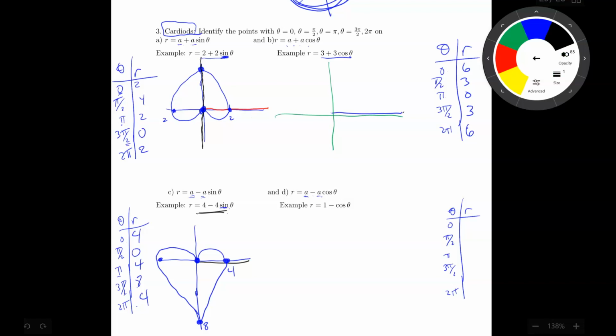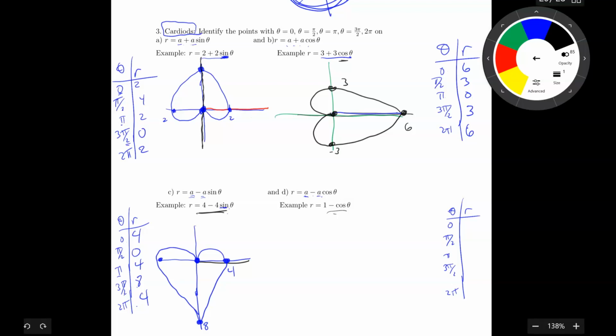So angle 0, I go to 6, at pi over 2 here's 3, and here I'm at 0 at pi. At 3 pi over 2, I'm at 3 down here, right? And back to 6 again. So I'm expecting a cardioid, and I do get one. Because it's cosine, I see it's symmetric with the x-axis.